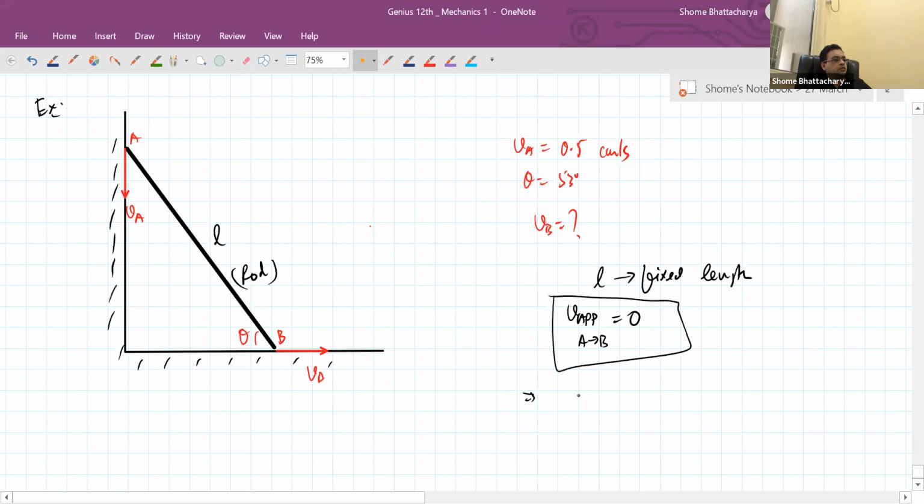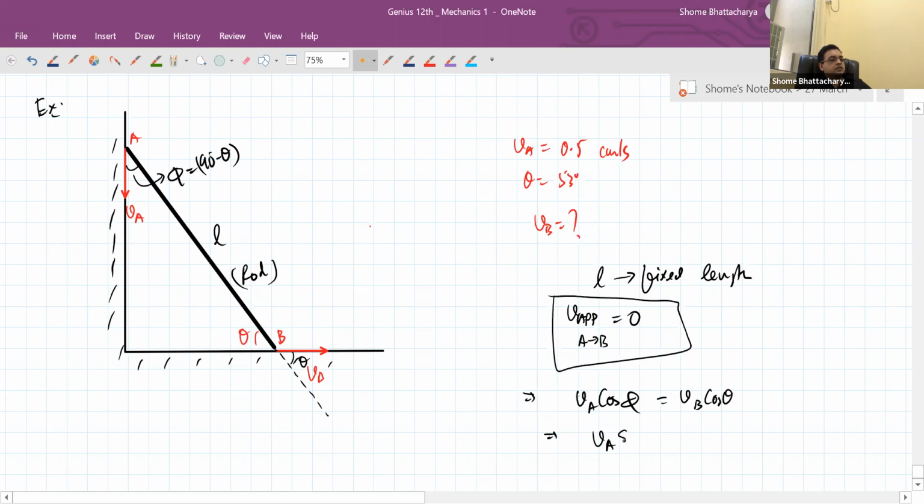So VA, now this angle will become, let's say, phi. So that is 90 minus theta. So VA cos phi will have to be equal to VB cos theta. So this will become the relation.